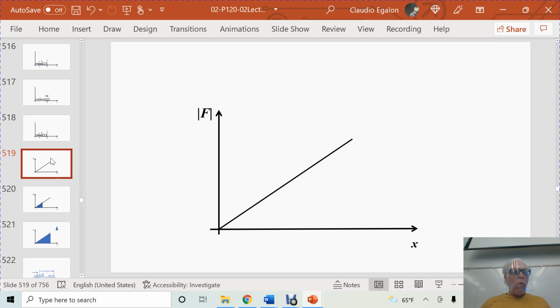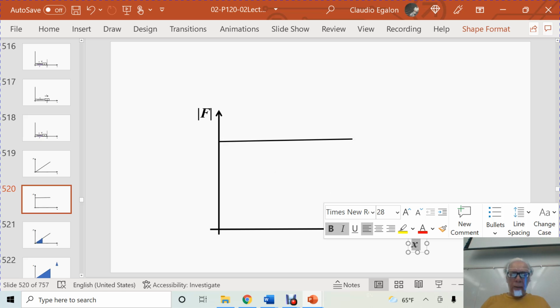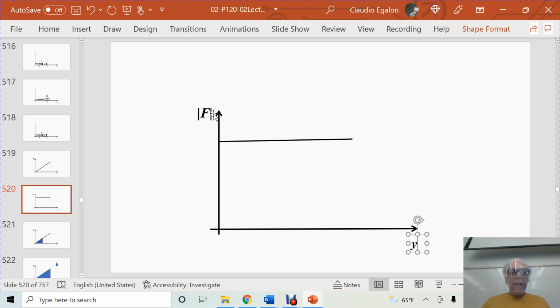In the case of the weight, here you go, how the weight looked. The weight looked just like that, right? It's a constant, mg. So the force was constant. I'm going to put here y, because we usually work with y, right? For the weight, it's equal to mg.